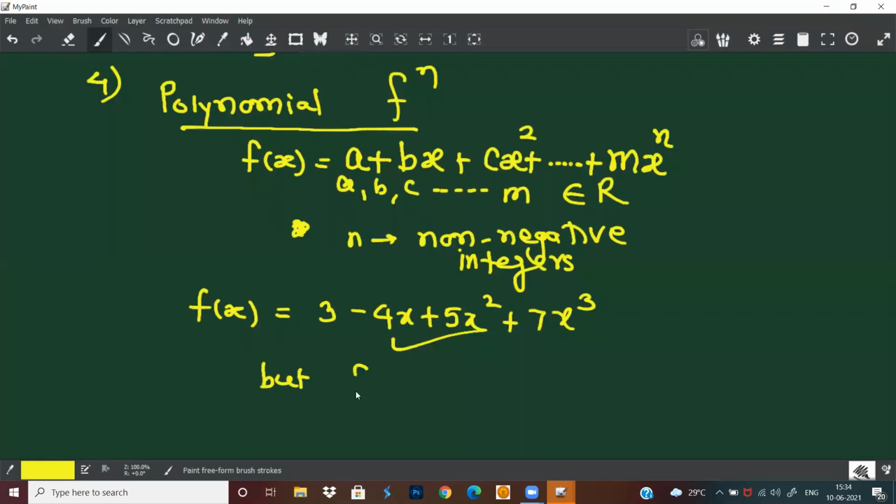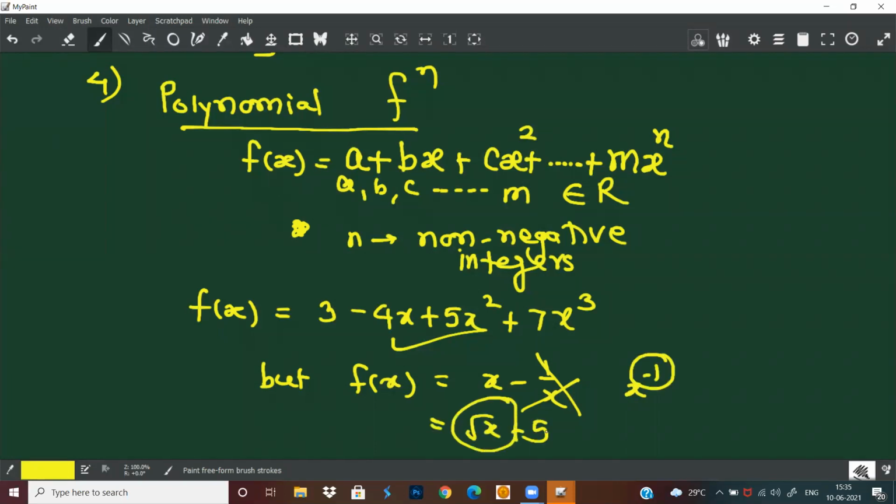But f of x is x minus 1 by x. ये denominator is x raised to minus 1. ये power negative नहीं चलेगा. या root x plus 5 ये है x raised to half. Fraction भी नहीं चलेगा. You understand? This is the polynomial function.